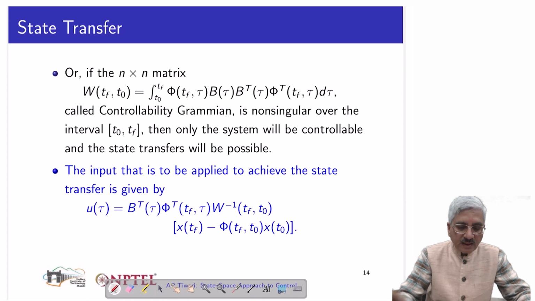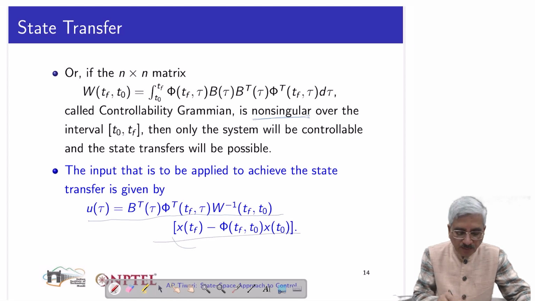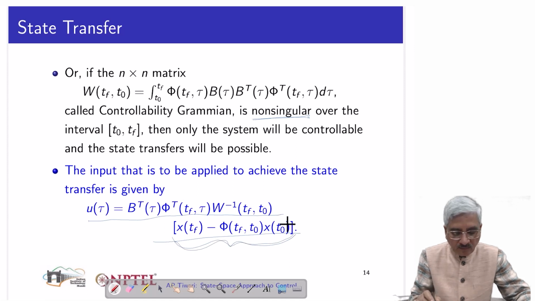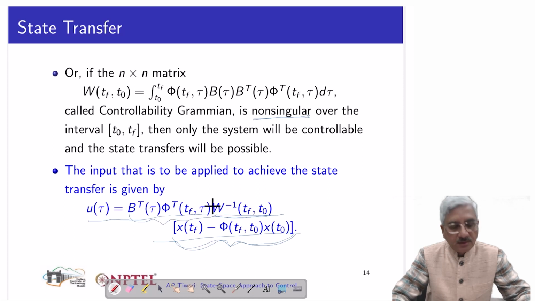So once we have that W which is non-singular, then the input can be calculated using this expression. This part is the component which has to come through that integral, and this is being pre-multiplied by W inverse, and that is being pre-multiplied by B transpose phi transpose.